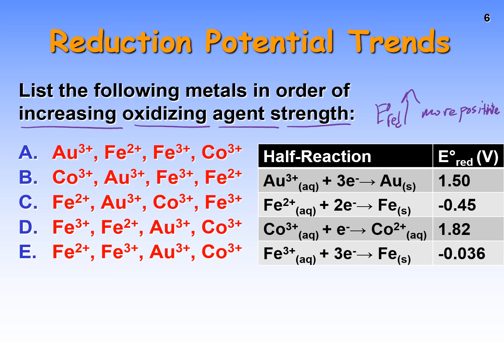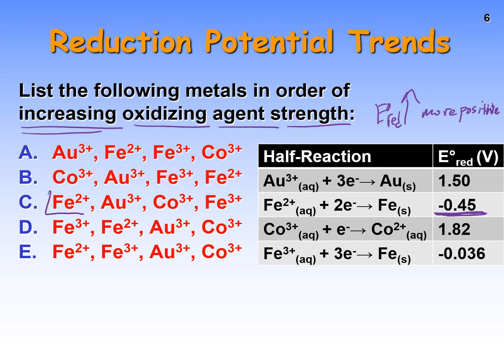So the one with the largest positive reduction potential is going to be the strongest oxidizing agent, whereas the one with the most negative reduction potential is going to be the strongest reducing agent, or the weakest oxidizing agent. I can see very clearly that this guy is my most negative value, which means it's going to be my weakest oxidizing agent. And since we're going in order of increasing, we want it first.